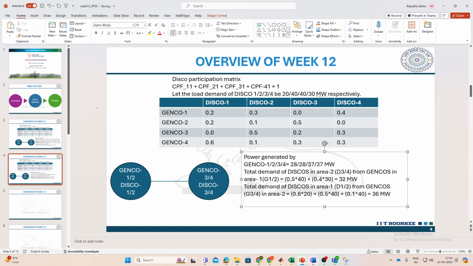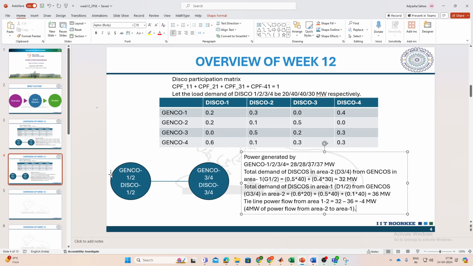So if you want to calculate the tie line power flow from area 1 to 2, that will be nothing but this 32 minus 36, which gives minus 4 megawatt, which means that for this case basically 4 megawatt of power is flowing from area 2 to area 1, because it is minus 4 for 1 to 2, so from 2 to 1 it is plus 4.